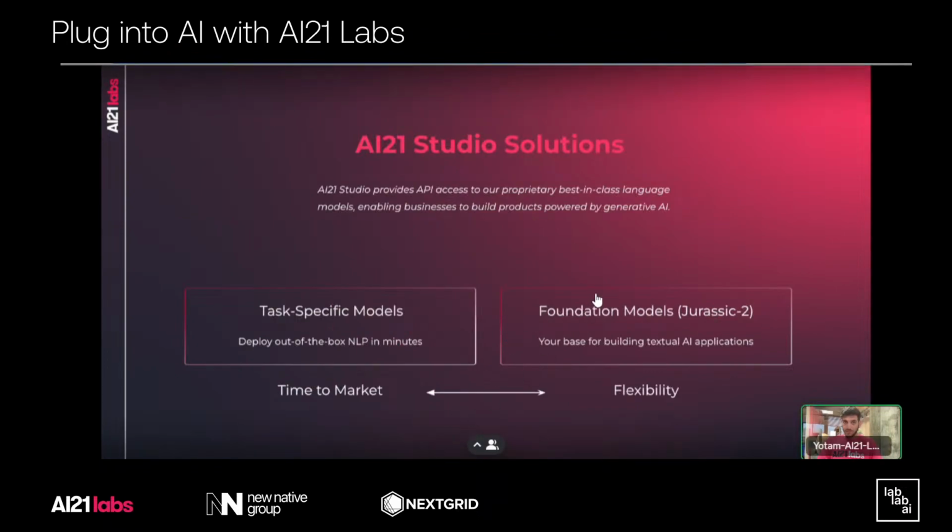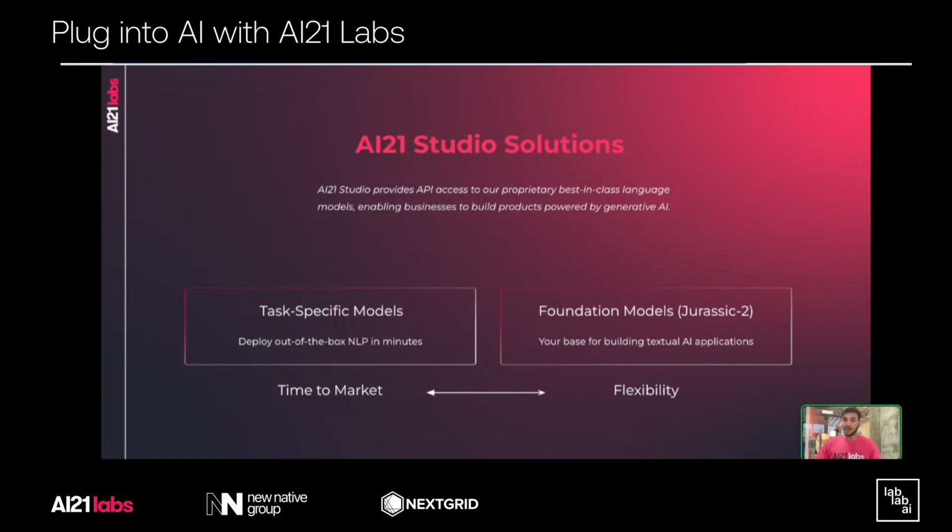AI21 Studio, which is the platform that provides the API, gives API access to our best-in-class language models. Our studio enables businesses to harness the power of generative AI in their products. We offer task-specific models, like the ones that Alicia mentioned before, which allow you to deploy out-of-the-box NLP solutions in minutes.